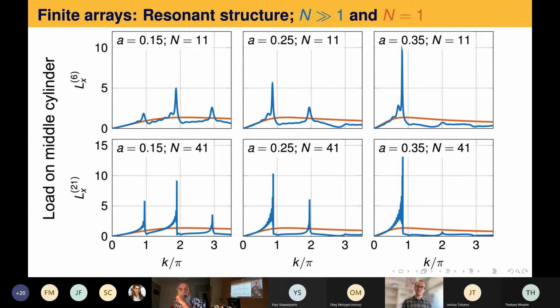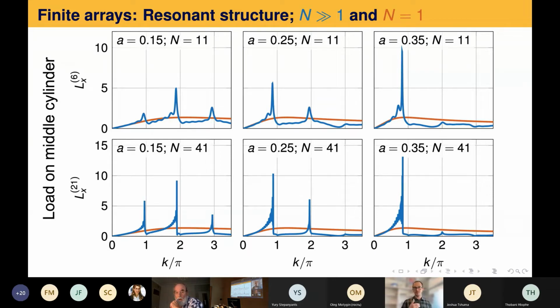Another reason, well, primary reason actually that we're interested in Rayleigh Bloch waves is that they're going to help us understand the resonant properties on finite arrays. So what I'm showing you on this slide are the wave loads on the middle cylinder in a finite array versus frequency.